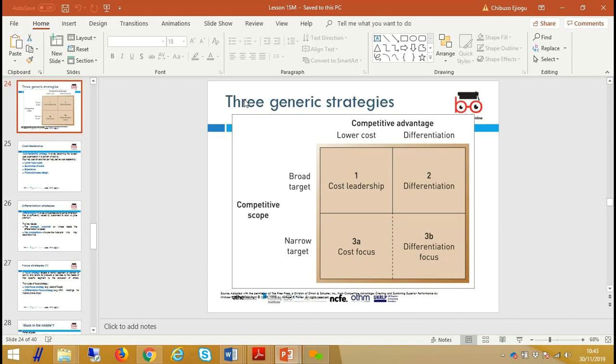For instance, if you're selling chocolate, you know that a lot of people love chocolate, right? But some people don't have the money to spend on chocolate, especially maybe kids in secondary school. They want cheap chocolate, right? So instead of making chocolate in all the price ranges for everybody, you just focus on making these chocolates for children. So that's a low cost focus.